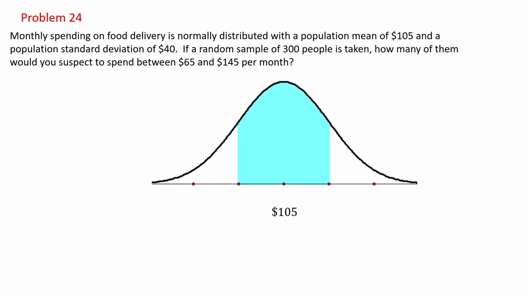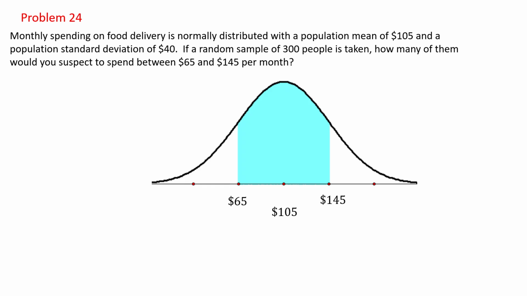This bell curve represents the population in regard to how much they spend on food delivery. And because the standard deviation is $40, I can take the population mean, 105, and I can subtract 40, and I can add 40, and get those two numbers. Funny thing, those are the two numbers in the problem.